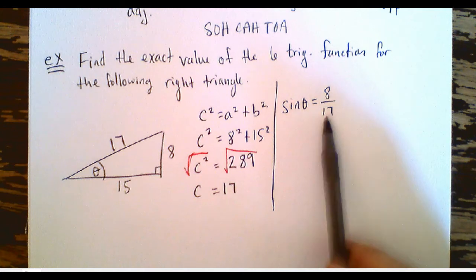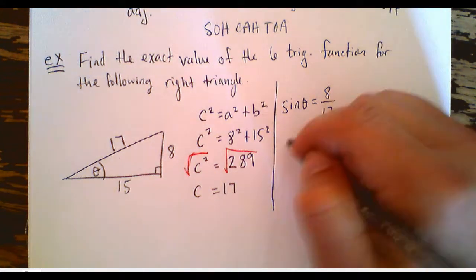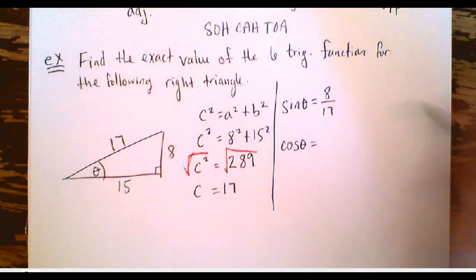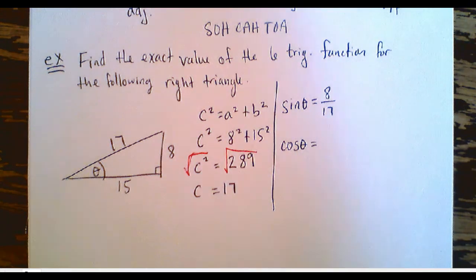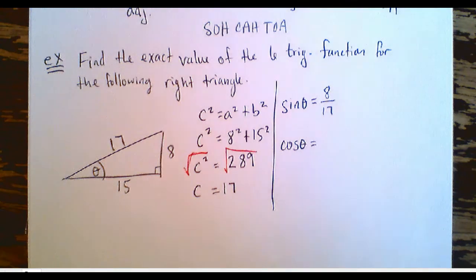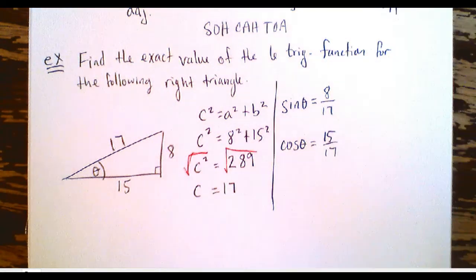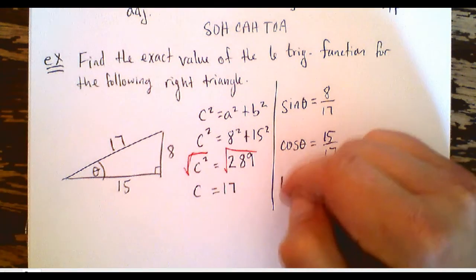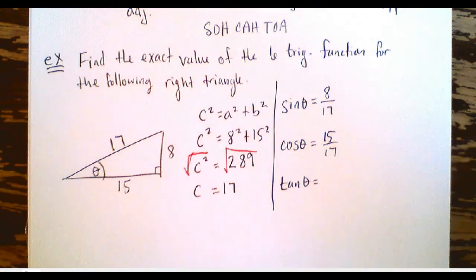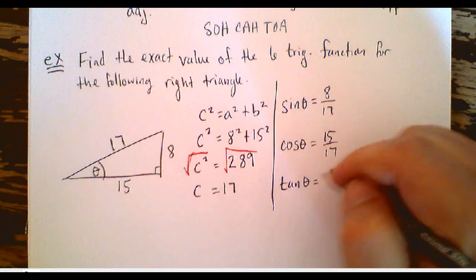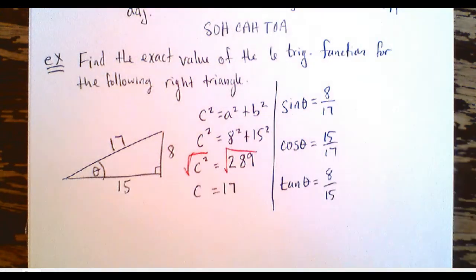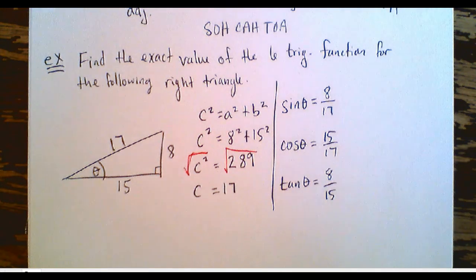And we always want to check to see if we can reduce this. Unfortunately, we can't do that this time. Cosine theta is adjacent over hypotenuse, so that would be 15 over 17. Also irreducible. Tangent theta is simply opposite over adjacent. It's 8 over 15. Also irreducible.